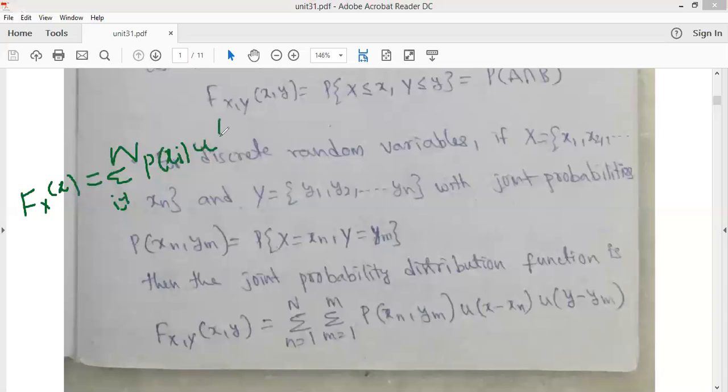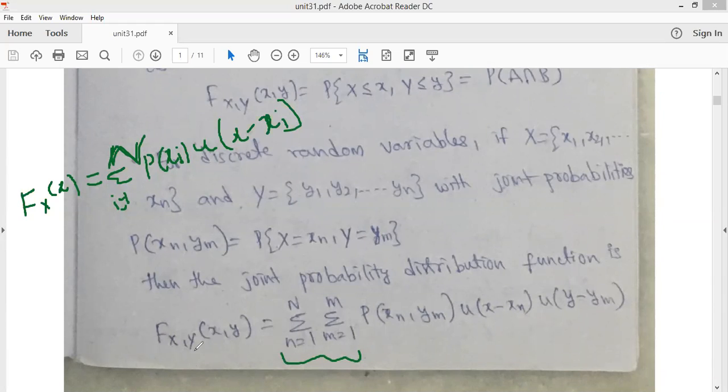This is the formula for finding the distribution function for a single random variable. Now we are finding the distribution function for multiple random variables. In this case we have taken two random variables, so we will have two summations. If you take n random variables, then we have n summations.